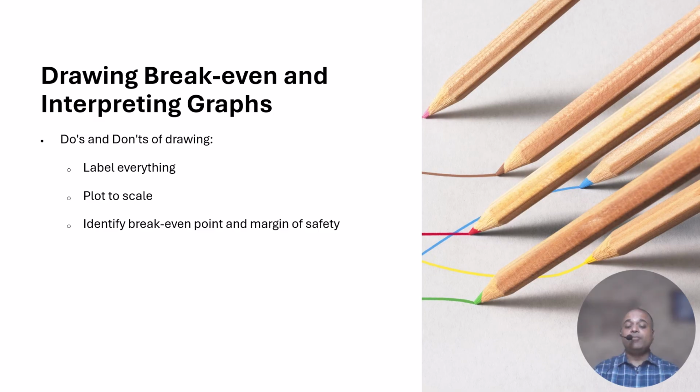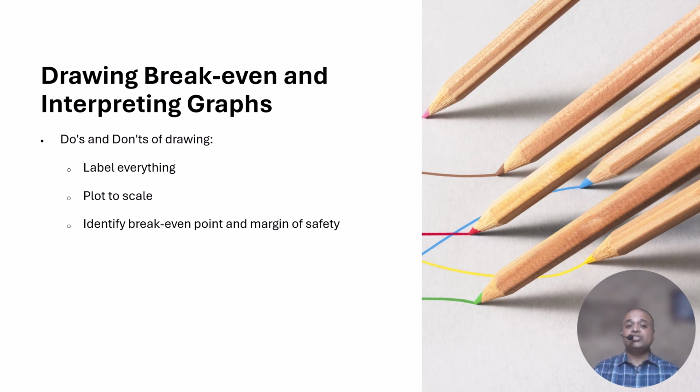Mark it with a label or a dot, and don't forget to shade the margin of safety if asked. A correctly labeled margin of safety can earn you that final mark many students miss. Common mistakes: swapping axes, missing lines, no labels, using a ruler wrong.